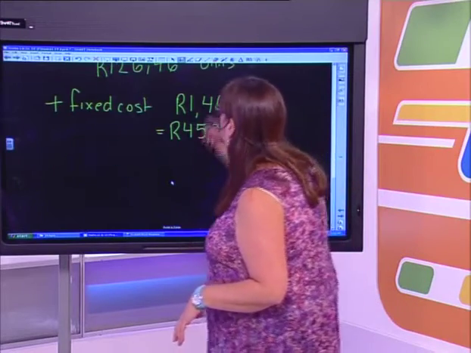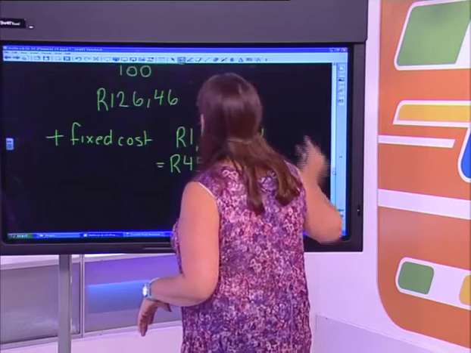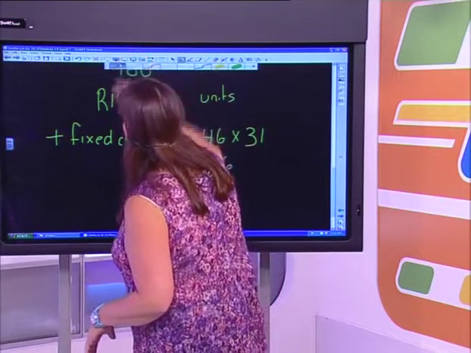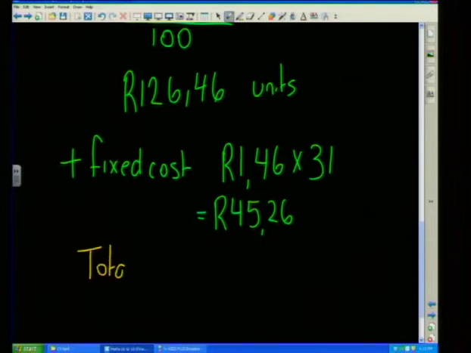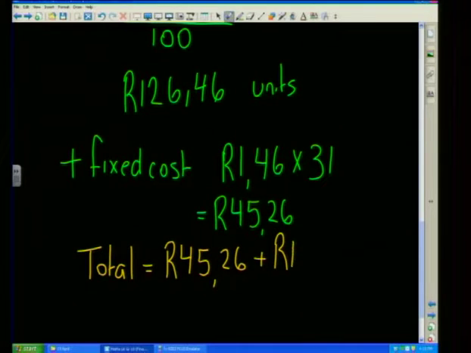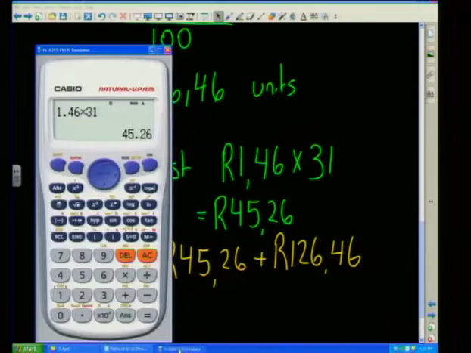So now in total, what are they going to pay? We need to add the two. So our total, let's do our total in a different color. Our total that they pay is our fixed costs of 45 Rand 26 and the cost for their units of 126 Rand 46. And we can use our calculator to add that.